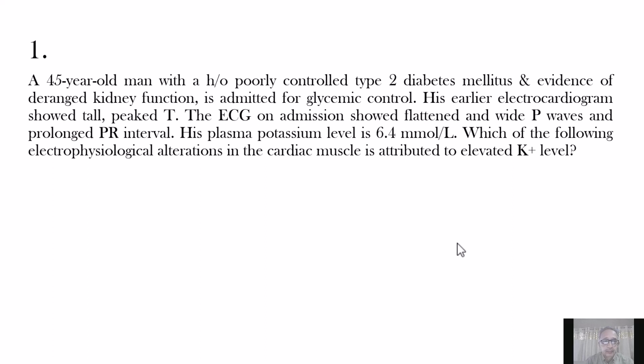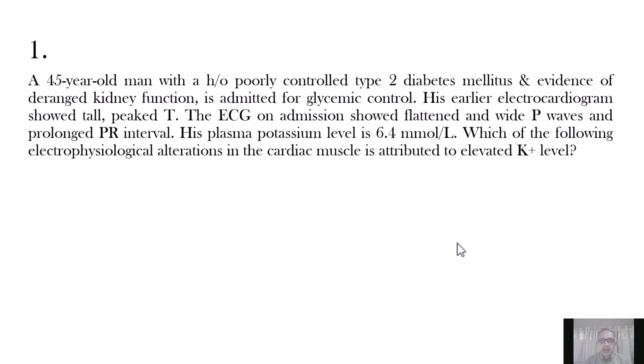Case 1. A 45-year-old man with a history of poorly controlled type 2 diabetes mellitus and evidence of deranged kidney function is admitted for glycemic control. His earlier electrocardiogram showed tall peaked T waves.